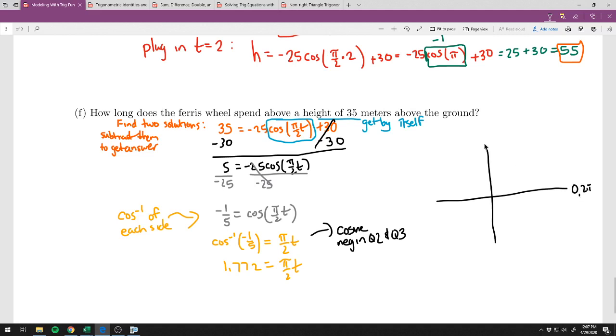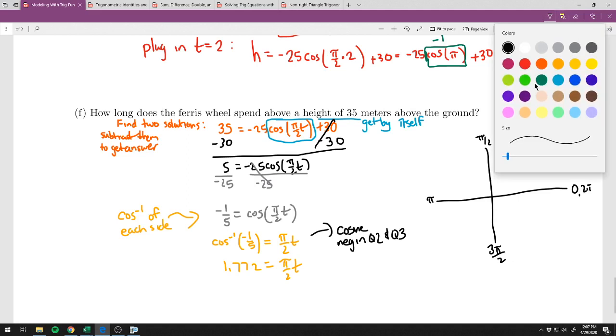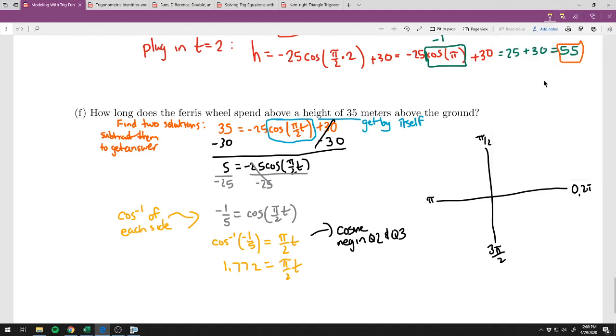We're going to draw our picture, just like I have every single time when we solve an equation. Make sure everything's kept track of. And the one we just got is in quadrant 2. Remember when we saw these equations last section, we did not solve for x or t right away.